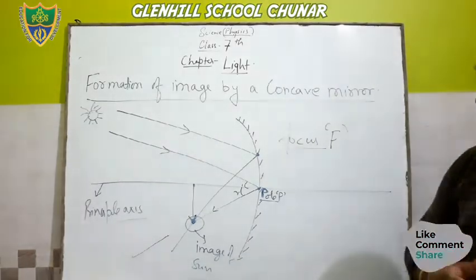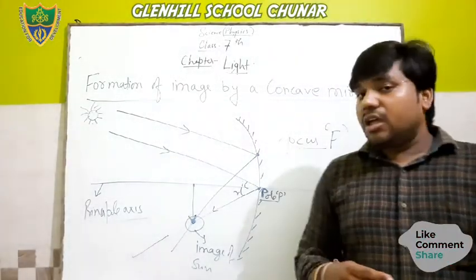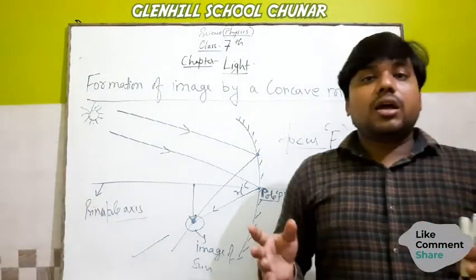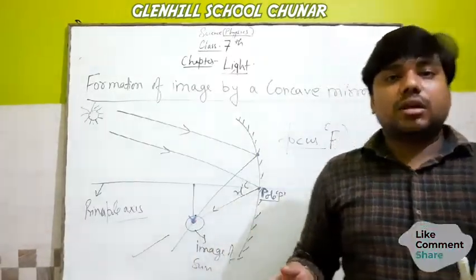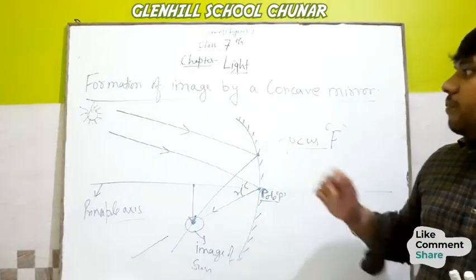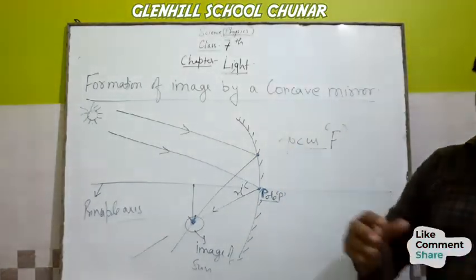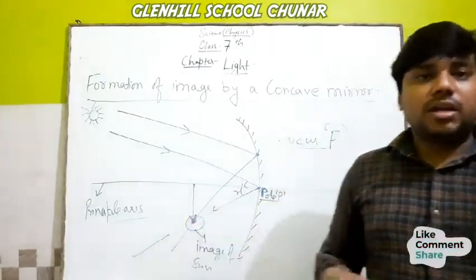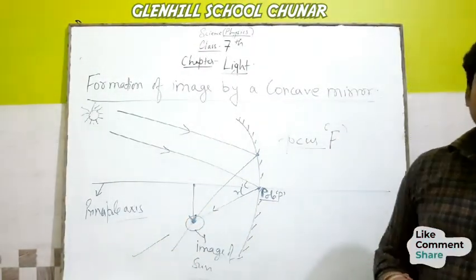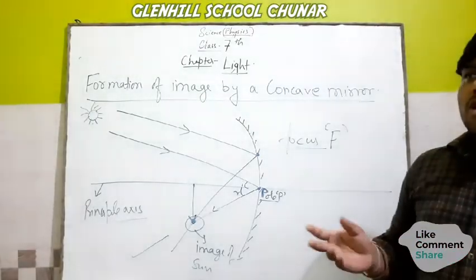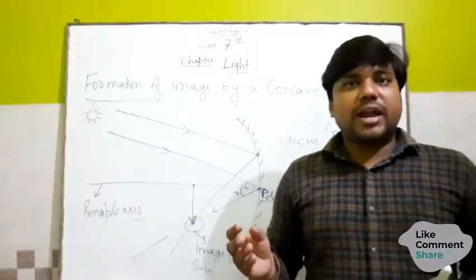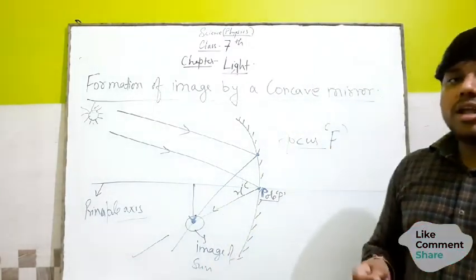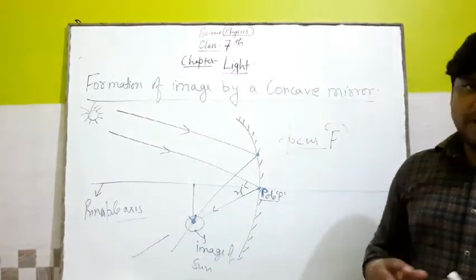Okay? Clear? So in the next class, we will discuss the different types of images formed by a concave mirror due to the different places at which we place the object in front of the concave mirror. So there is a formation of image, and that image is real or virtual, erect or inverted. These are the properties of the image.